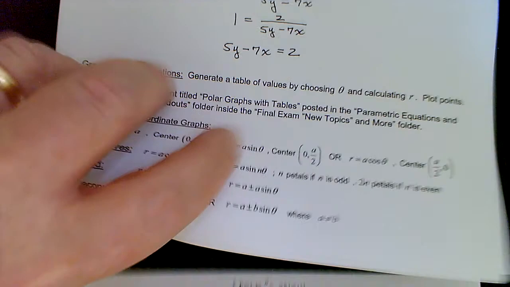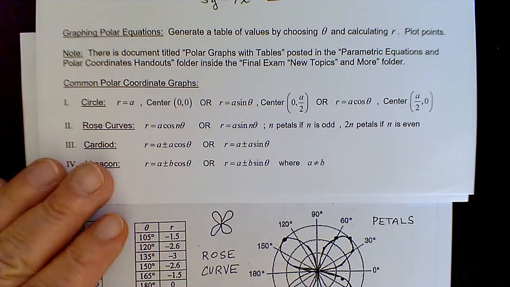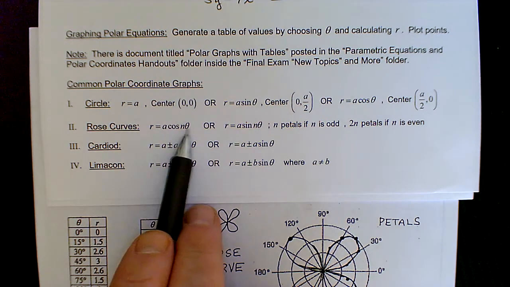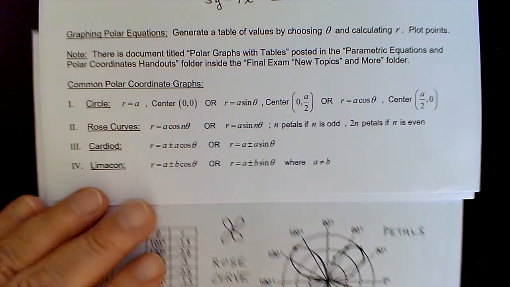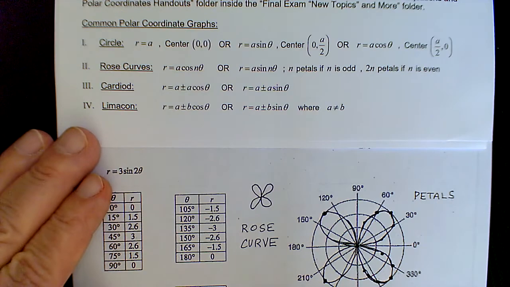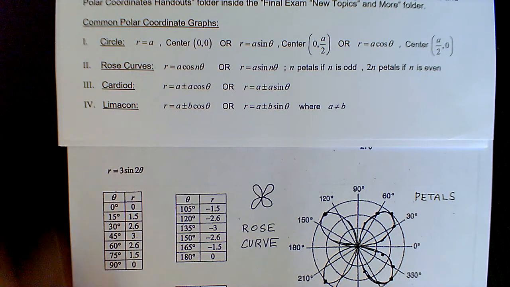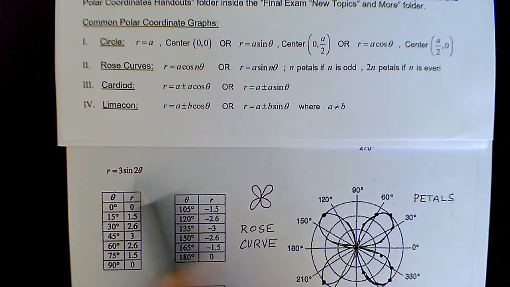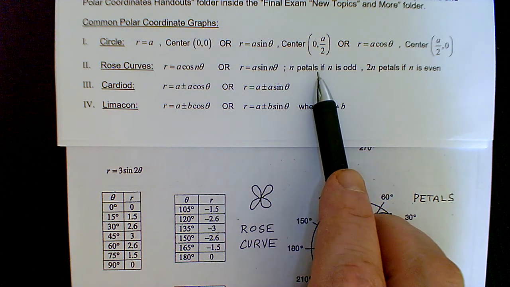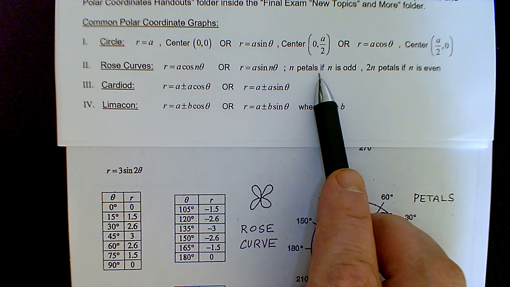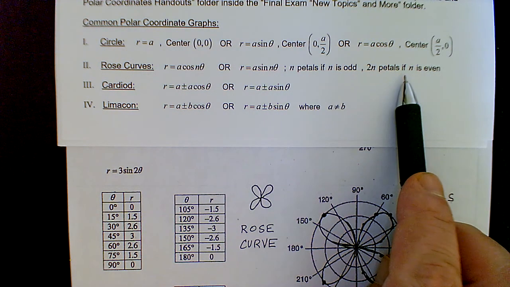For the rose curve, you've got either cosine n theta or sine n theta. We had, what did we have? We had sine n theta. And so it's n petals if n is odd, and 2n petals if n is even.